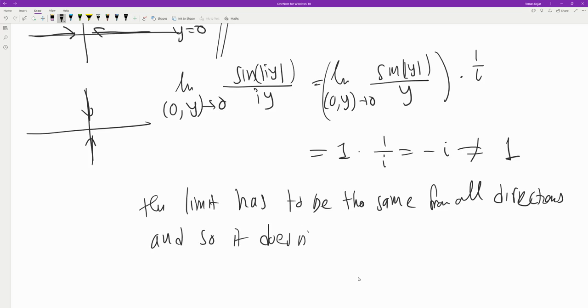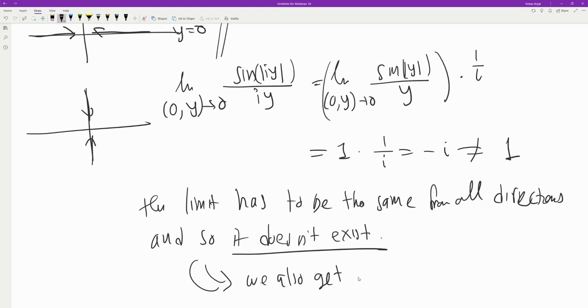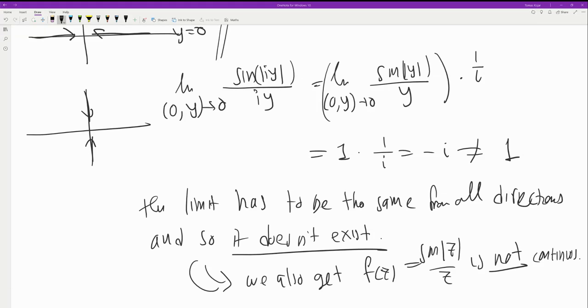Okay, so we also get that f of z equal to sine of the absolute value of z over z is not continuous. Okay, so that's it for continuity.